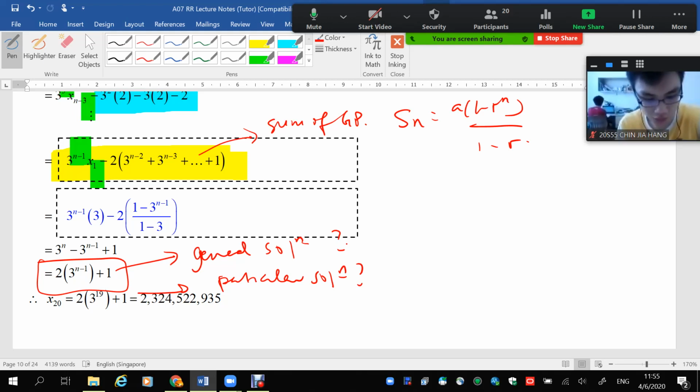You need to get this clear because later on, as you move on to second order, or you don't even need the next one, just the next page, you're going to have some problem already. General solution or particular solution?